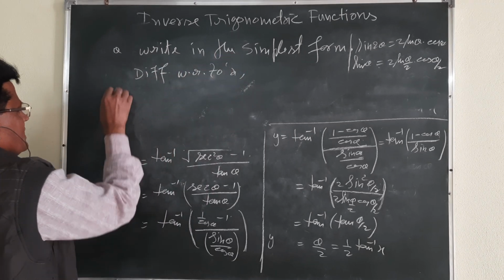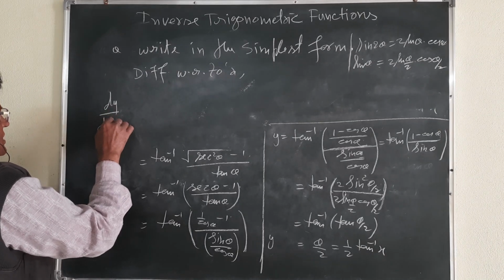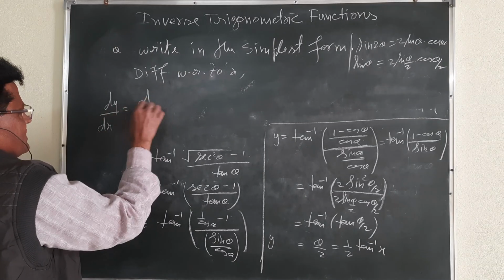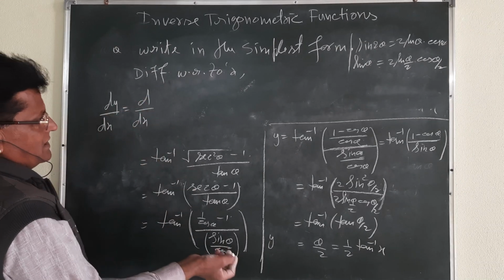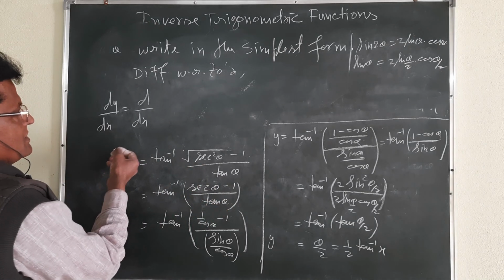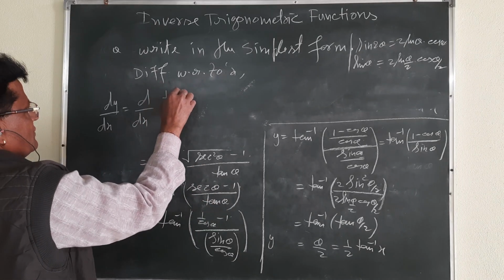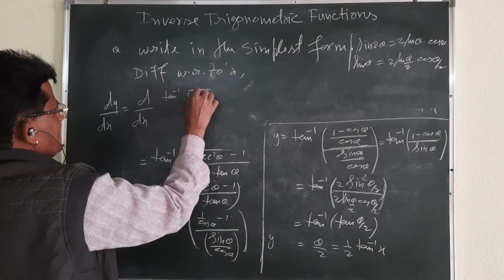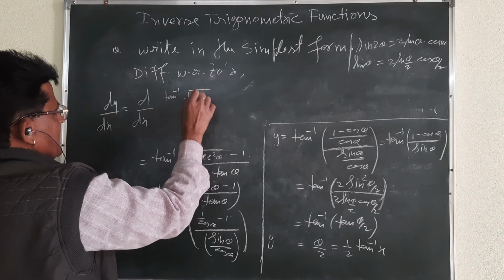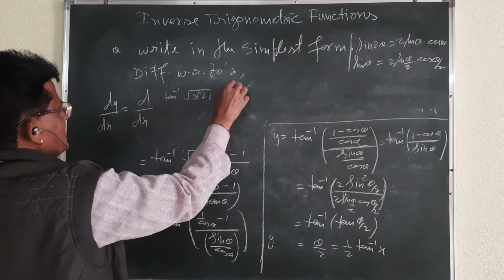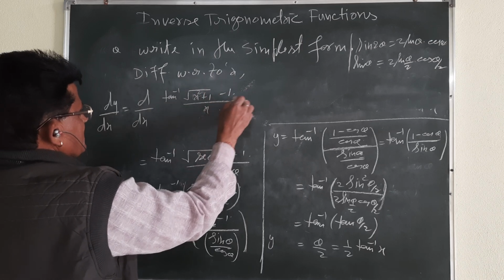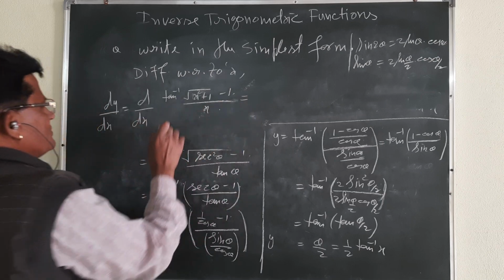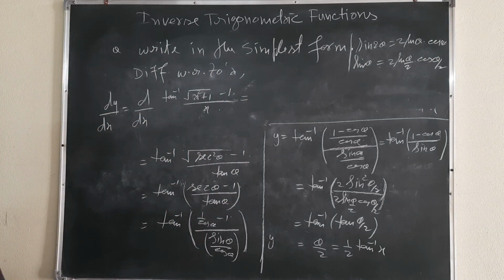See, my dear student, dy upon dx is equal to the derivative of the given function, tan inverse (root of 1 plus x square minus 1) upon x. You will have to differentiate. What is its value?